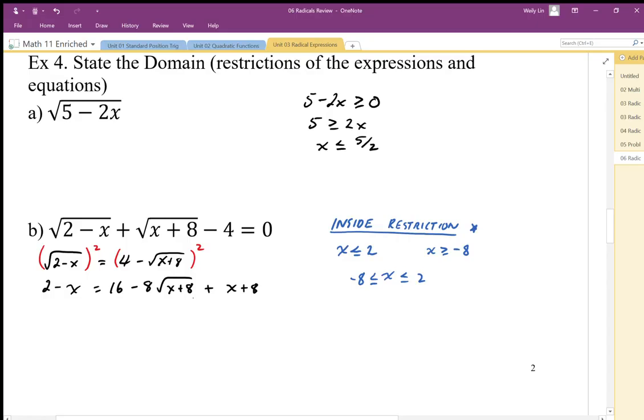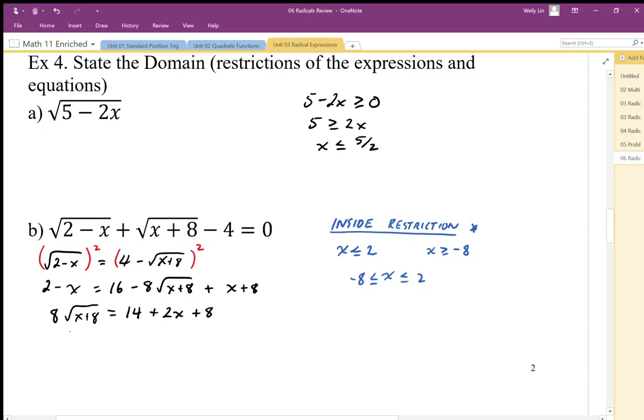So I'm going to move everything to the left-hand side except for the square root. And actually, let's move the square root to this side, so I'm going to make it positive: square root of x plus 8. That's going to be equal to 16 minus 2, which is 14, and x plus x, which is 2x, and then we have our plus 8.